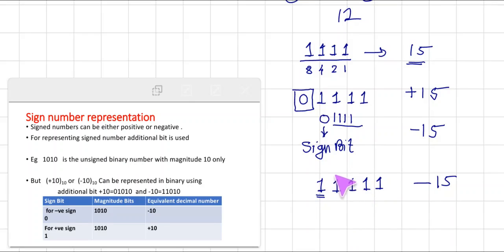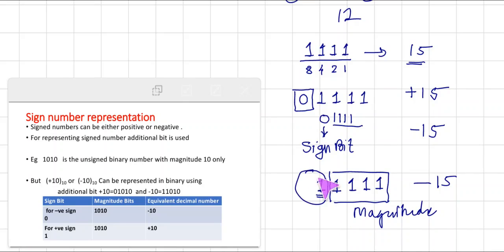Remember that in signed number representation, some part of the bits represents the magnitude and the remaining part represents the sign bit. So this way a binary number can be represented in signed form.